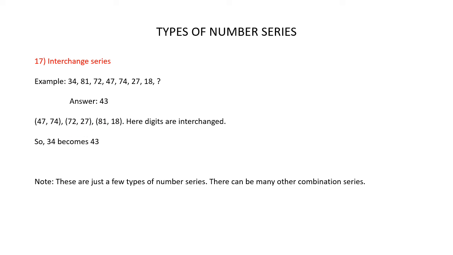Similarly, 8 and 1 are interchanged to 1 and 8. So 81 becomes 18. Similarly, in the final group, 3 and 4 get interchanged to 4 and 3. So 34 becomes 43, and 43 is the missing number. 43 is the answer. Hope you understood that.